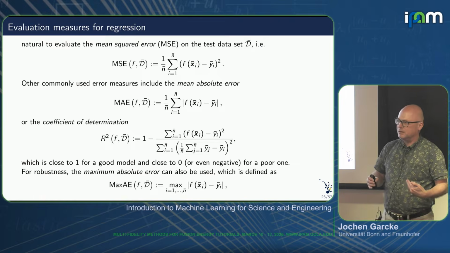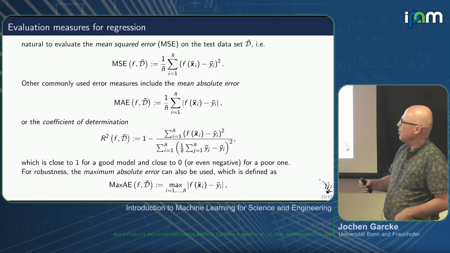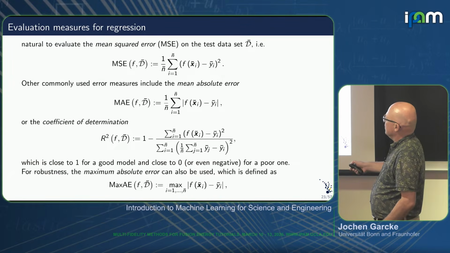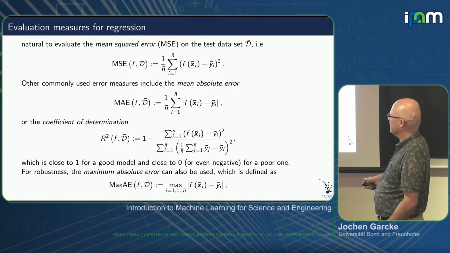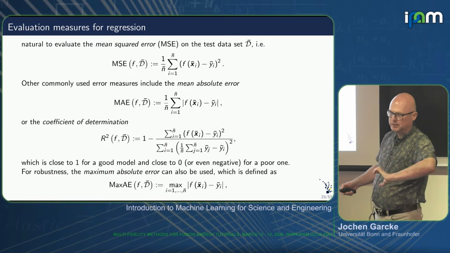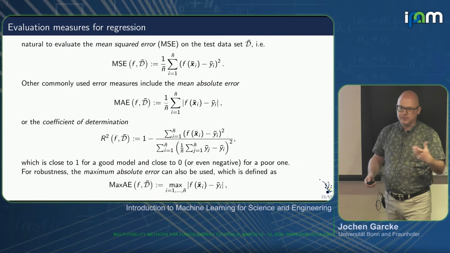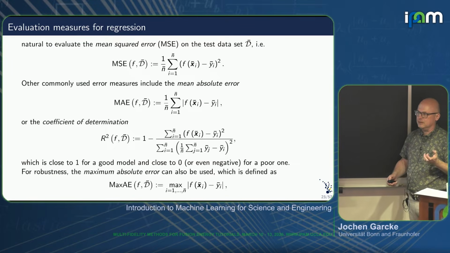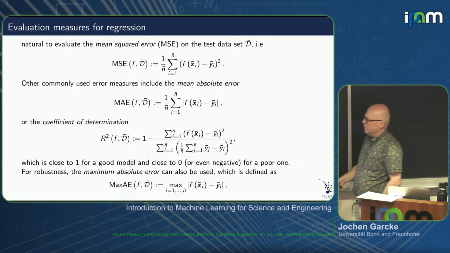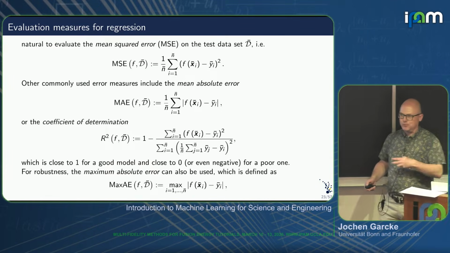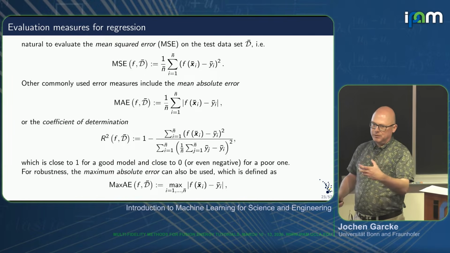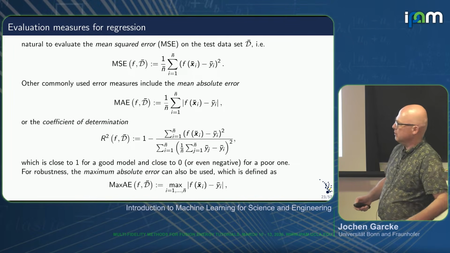And it might be that if you compare different models, you have similar least square error, but one has a larger max error than the other one. And so that can give you additional criteria for which model is better, which model to pick. Or maybe you're actually after a small maximum error if you want to use it for optimization purposes. You want to make sure that the max error is small.